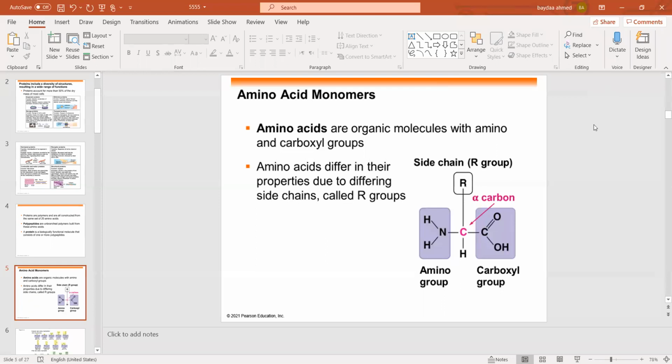All amino acids share a common structure. An amino acid is an organic molecule with both an amino group and a carboxyl group. The small figure shows the general formula for an amino acid. At the center, you see the asymmetric carbon called the alpha carbon.